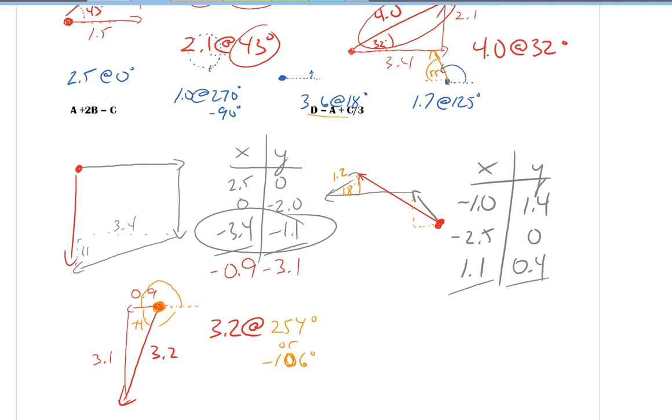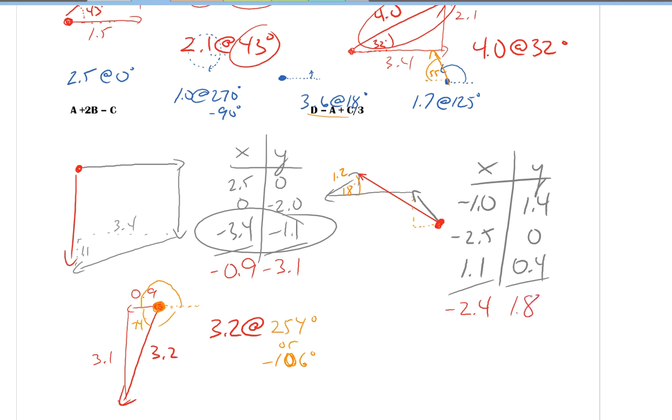So now I am going to add them all up. I've got the -1, I'm going to add that to the -2.5, and then add the 1.1 to it. Our total x component is -2.4. For y, 1.4 plus the 0.4, put them all together, we've got a total y component of 1.8.